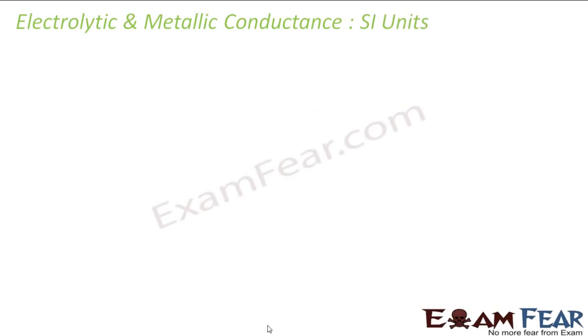So we have seen a lot of new terms: resistance, resistivity, conductance, conductivity, right? So let's do a recap of all the SI units, because these are a little critical for us, right? So we have seen that resistance is rho L by A. That is one formula we have given, right? So let's talk about resistance first.